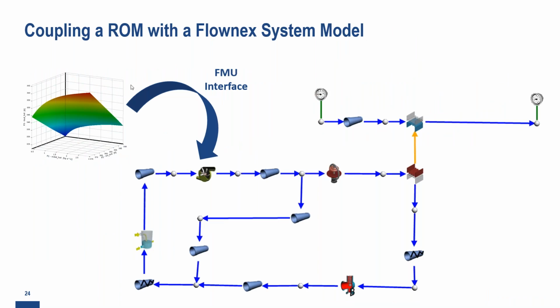So you have run several simulations. You have a surface of response about your pumps that could depend on several parameters, and this performance curve, that is not a curve but a surface of response that depends on several parameters, becomes an FMU file, and with the FMU interface can be linked to a component inside Flownex.